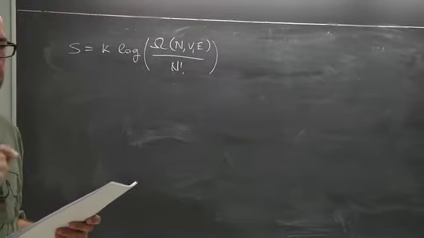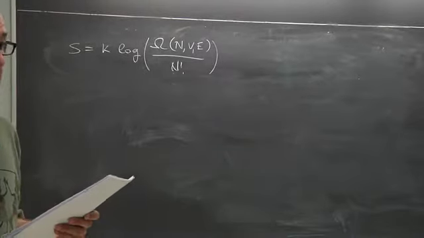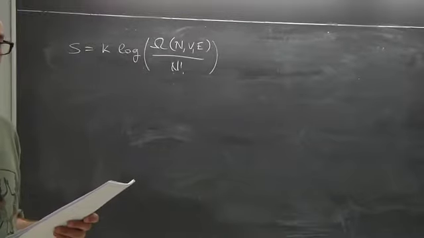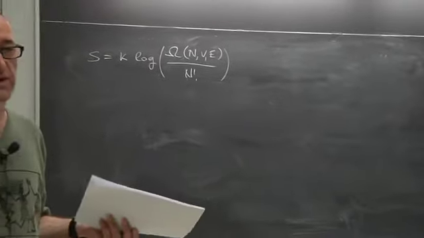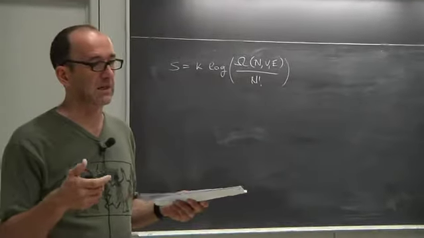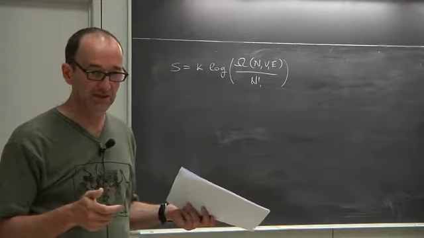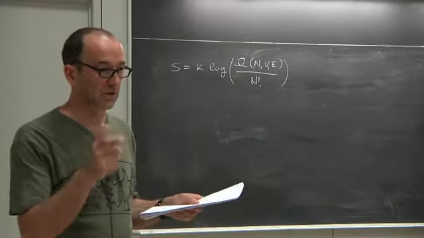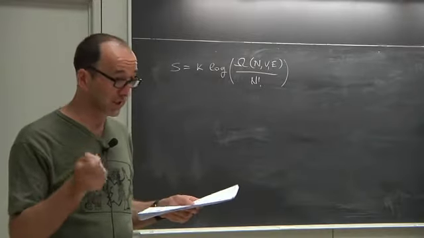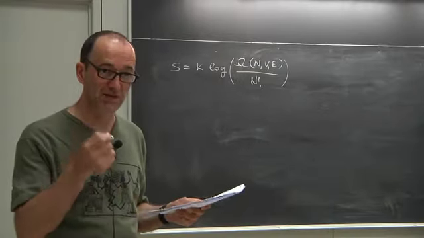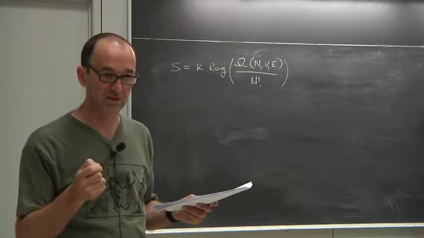But in quantum mechanics, we cannot. You know that in quantum mechanics, the wave function must be either symmetric or anti-symmetric with respect to exchange of the particles. So we cannot put a label on the particles. Okay?